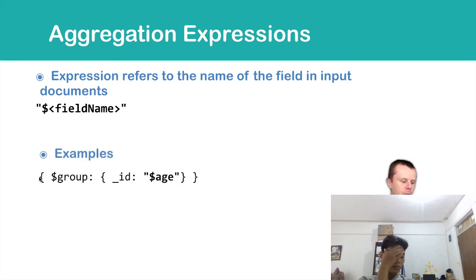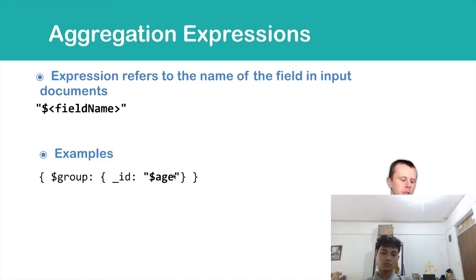In the first example, we use the group stage. $group is on the left side here, so it is a key. That's why we don't need to use double quotes here, just $ and then the group stage name. On the right side, we have an object with a key value pair. The key is _id, then comes a colon, and then the value.